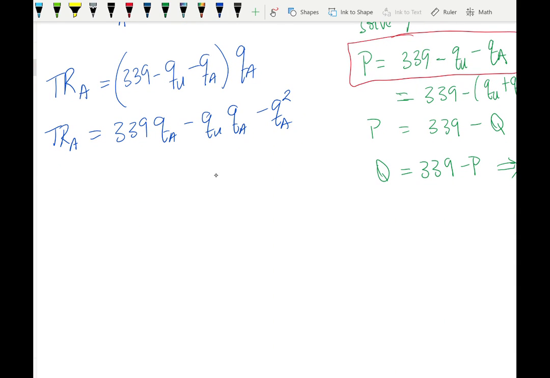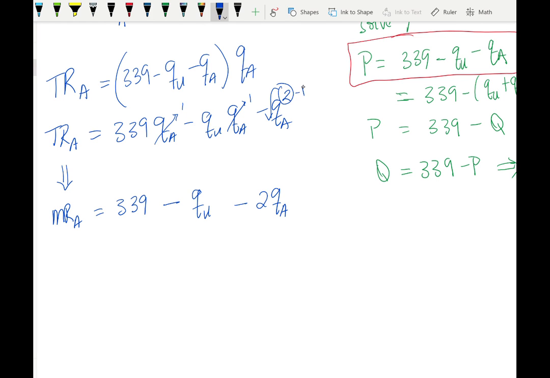Okay, so we have our total revenue, then we can use this to calculate our marginal revenue for A, which would be equal to 339 minus QU, because that goes to 1, minus 2 times QA, because this comes down and we subtract 1.